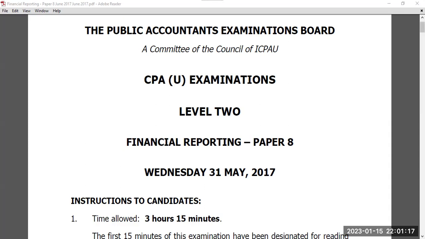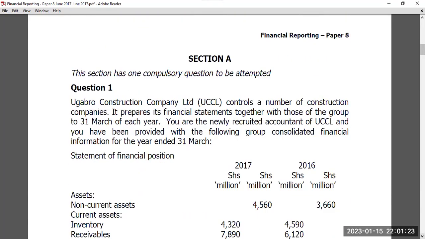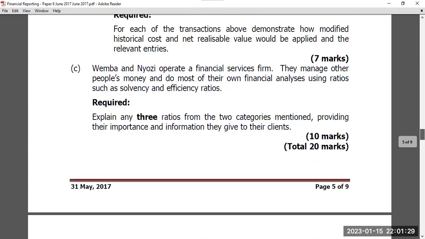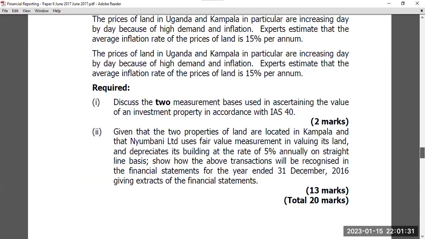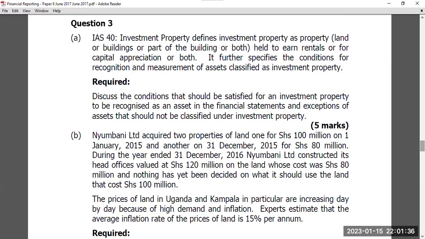So we can try to look at how question 3 says, and we see what we can do from that. This is a whole question paper, and our question 3 starts from there, as you can see from the screen.